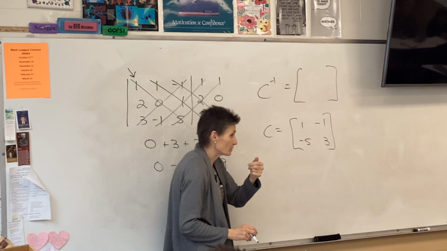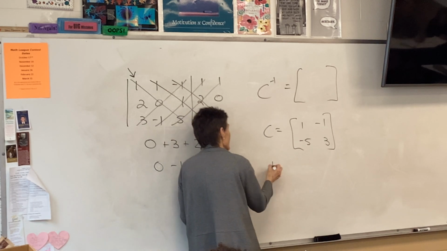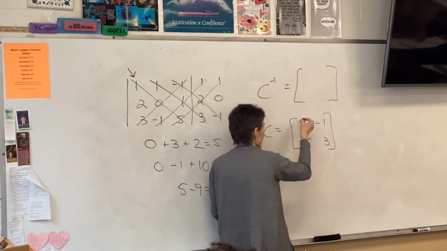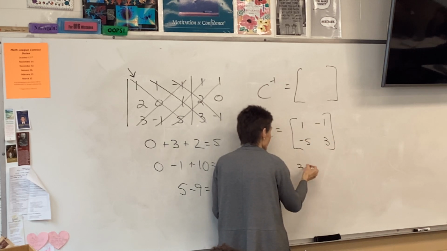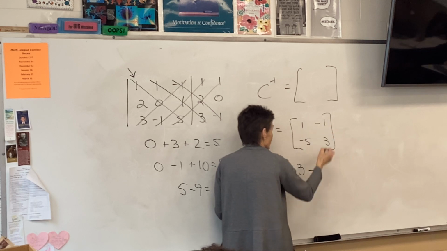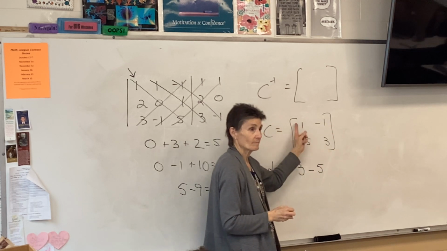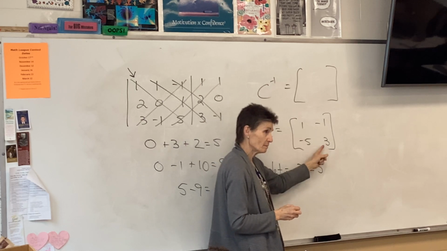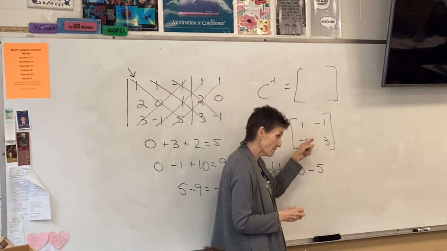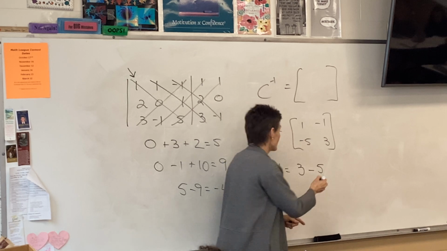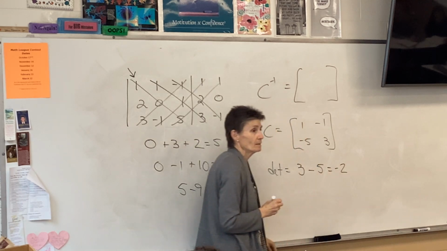He said cross multiply, that's find the determinant. So the determinant will be 3 minus 5. If I times these, I get 3. If I times those, I get 5. It's a subtraction. So the determinant is negative 2.